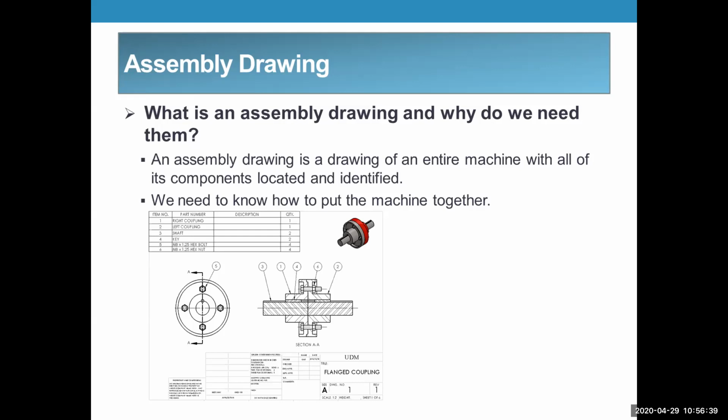So that would mean it would be finished out with different, extra views, the bill of materials, and all of the ballooning, whatever other information, setup dimensions, which might not be shown on the original drawing.